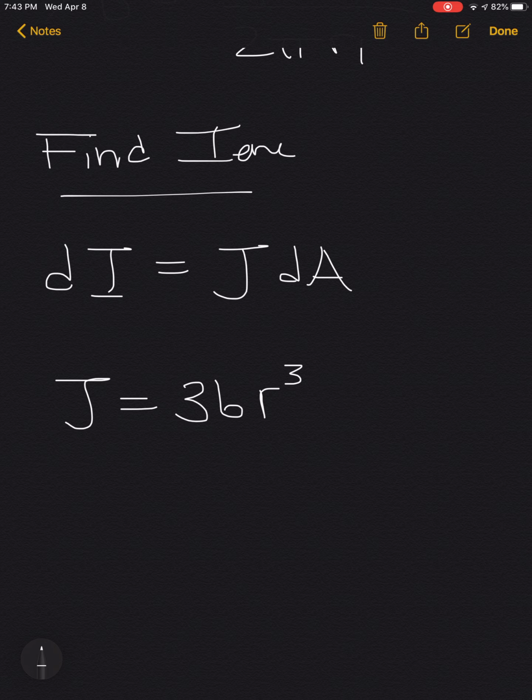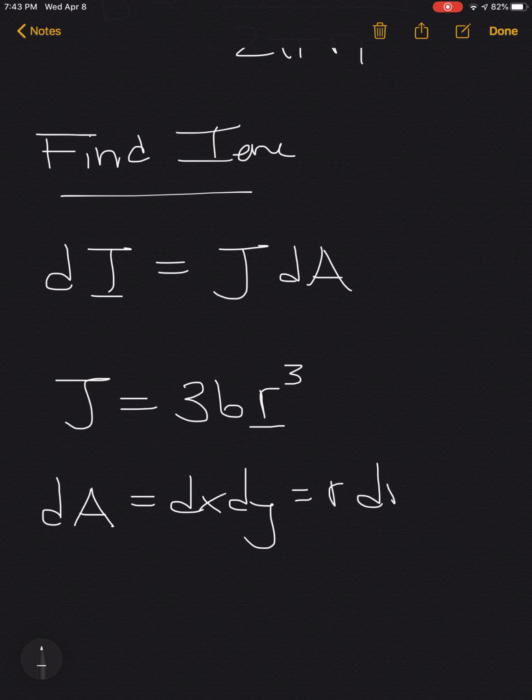It just looks like, okay, pick some function. Now what is dA? dA we usually write as being dx dy. That's not going to be the most convenient thing, because here we see that the J is written in polar coordinates. So when you switch to polar coordinates, r and theta, the area element dA is written as r dr d theta.